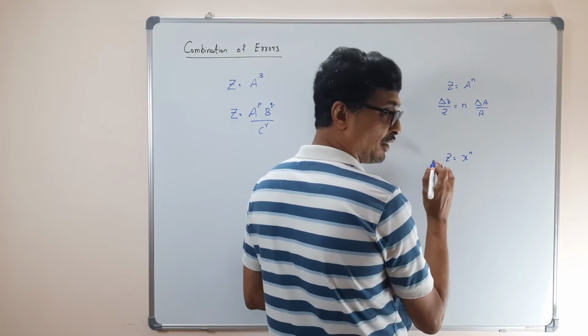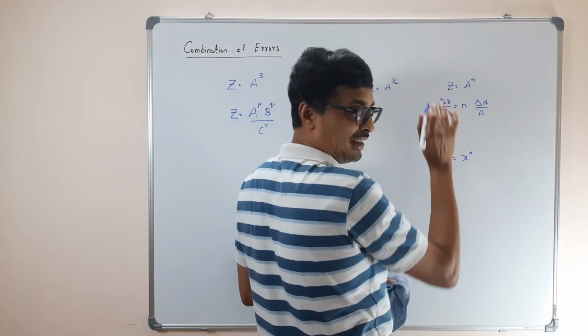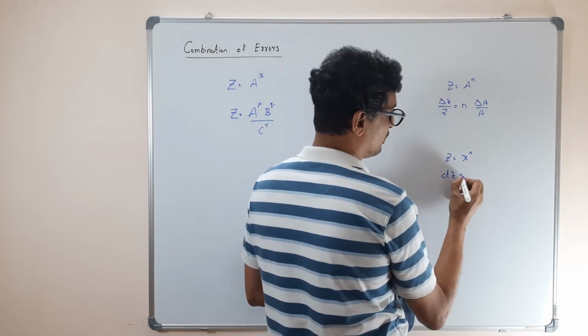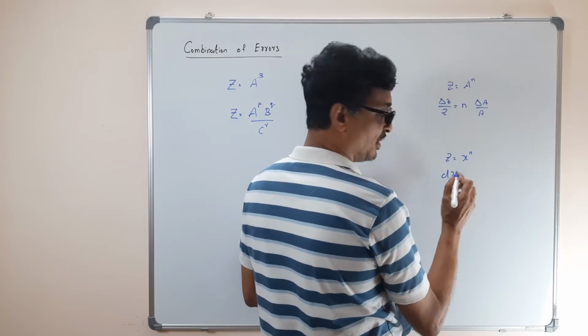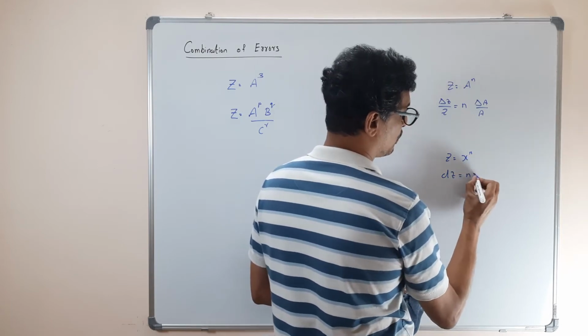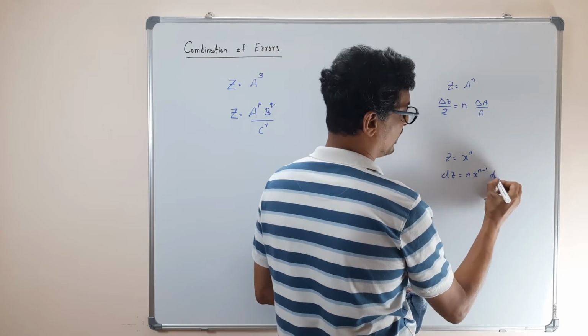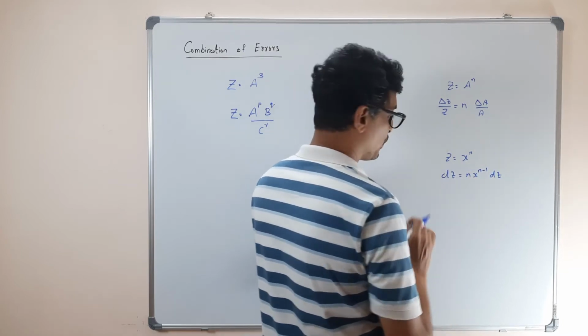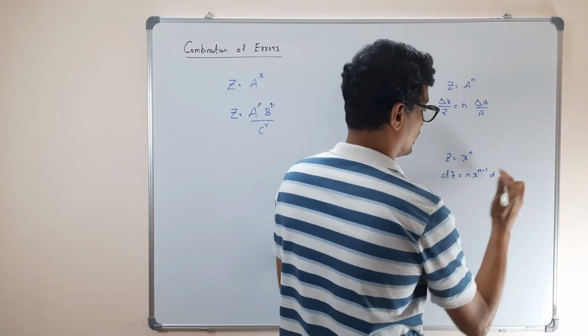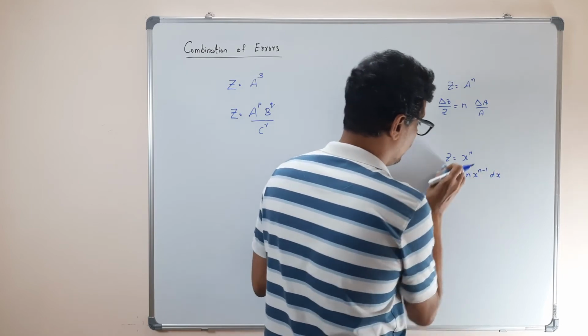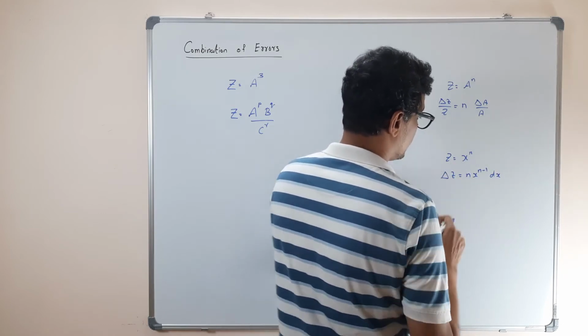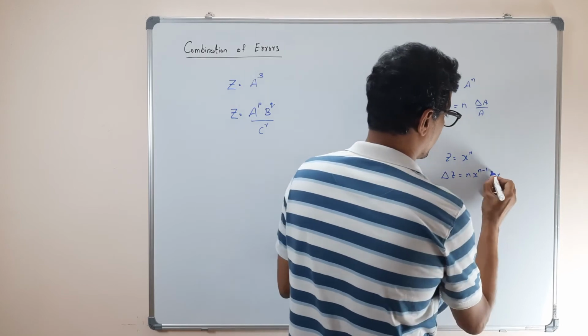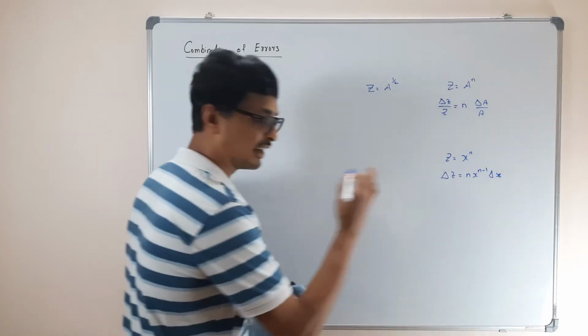Differentiation is similar to your delta. When I differentiate, we write dz, and the formula will be n into x power n minus 1 dx. The d we can always convert to delta z and delta x.